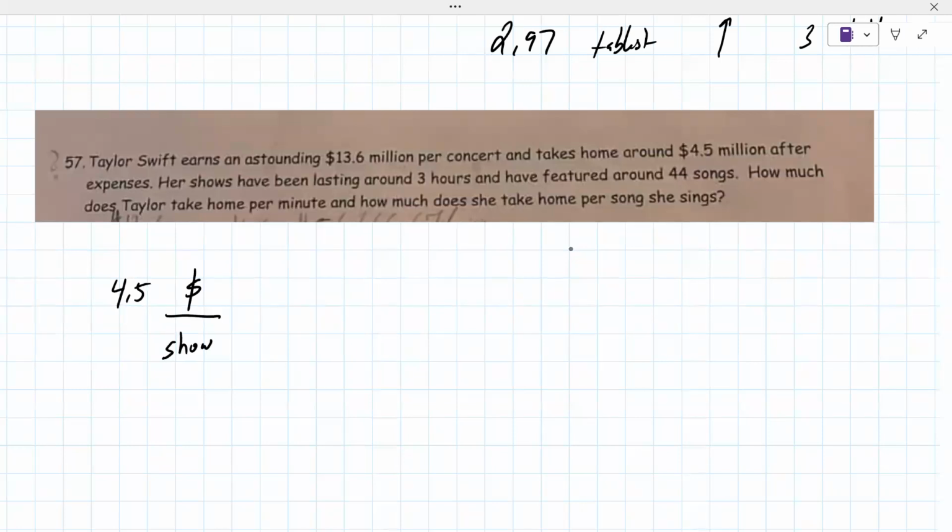You've always got to convert, that's not useful. That one is, but that's per show, dollars per show. Now one show is 44 songs. So you can see, cancel the show, 4.5 divided by 44.